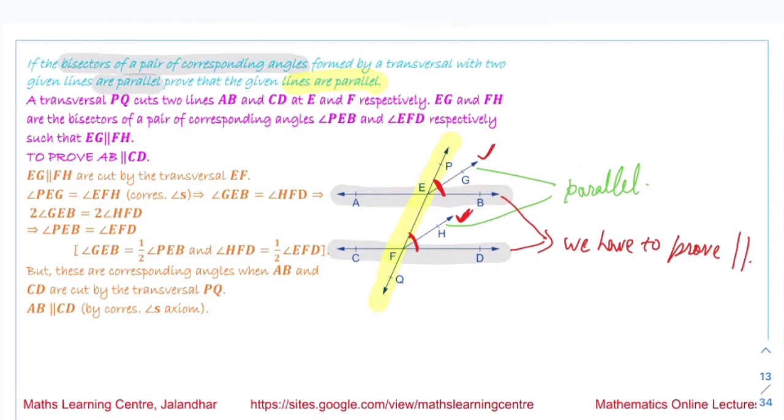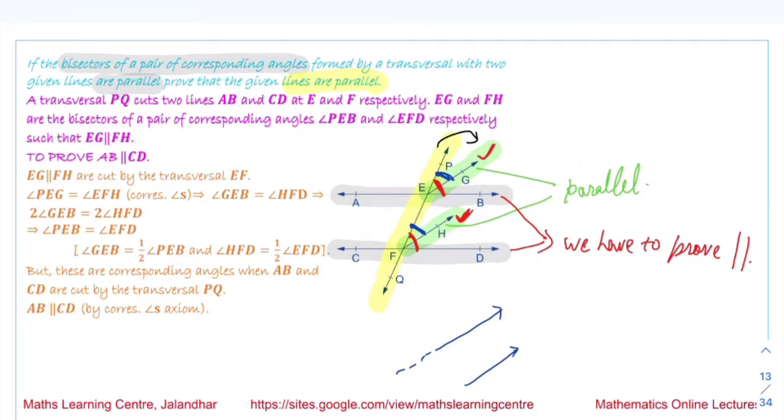Now this line PQ is also a transversal for the lines EG and FH. We are saying this T is also a transversal for these two lines. So the angle PEG will be equal to the angle EFH.